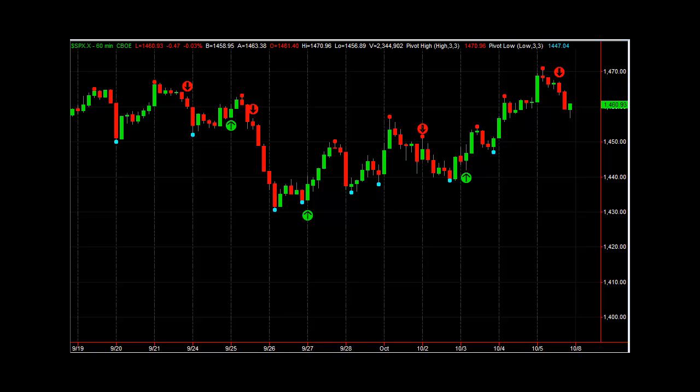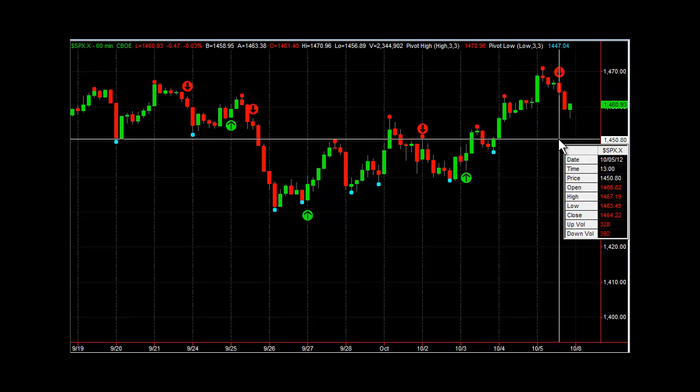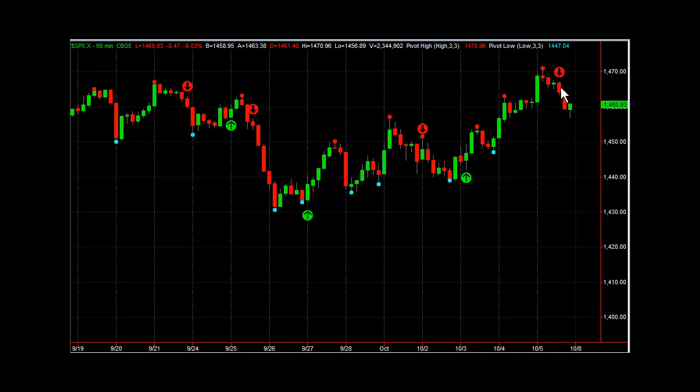Now this is a chart of the intermediate term. We use a 60-minute time frame, S&P 500 again, and the model is currently holding short. We had what we call a cycle high short setup, and this came on the 5th, which was Friday, around 1 o'clock Central, and it's still holding short right now.